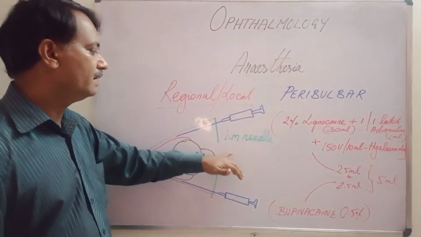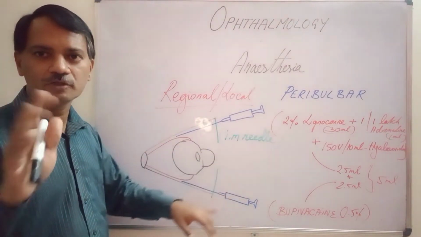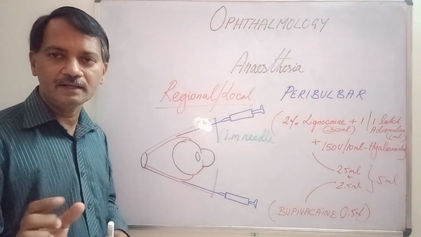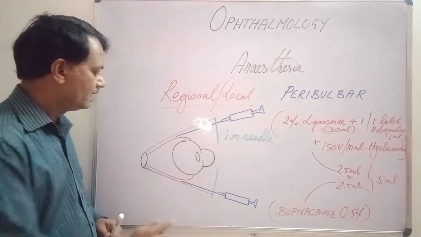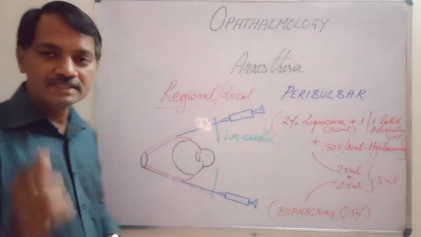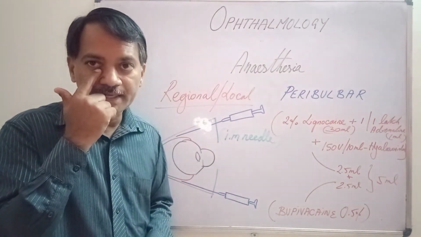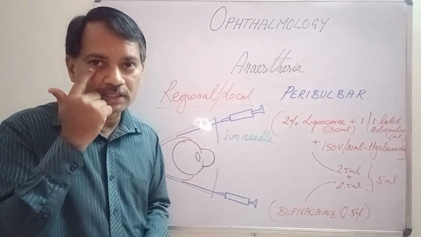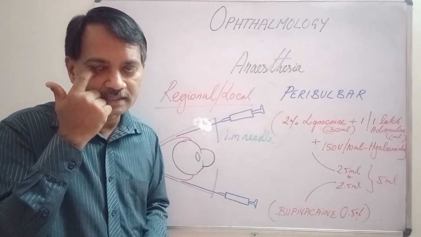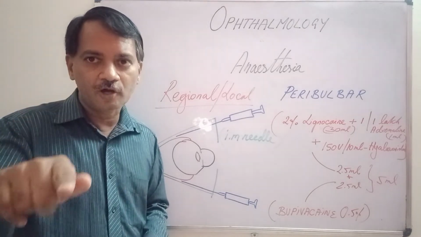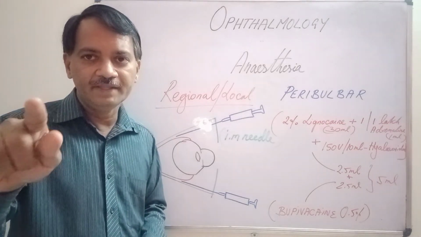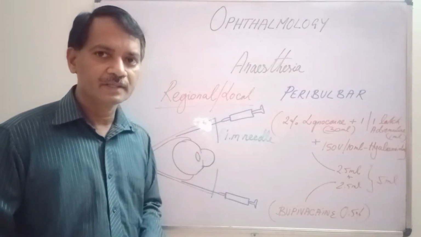We use an IM needle, an intramuscular needle, which is thin and short. Below, it is given at the junction of the medial 2/3 and lateral 1/3 of the orbit. At the junction, along the floor of the orbit, we go inside and give 2.5 ml there.